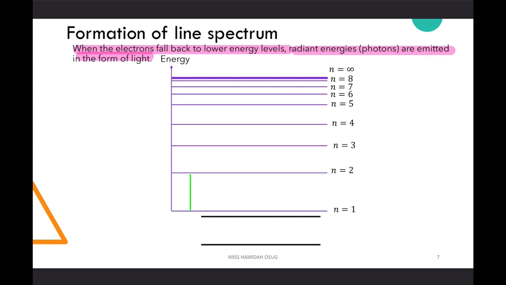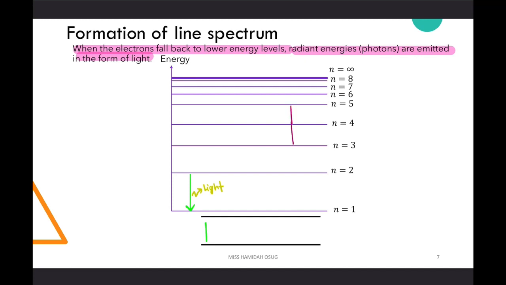Elektron itu unstable, so it will fall back to a lower energy level, which is n equals to 1. Proses falling back itu akan emit energy in the form of light, dan ini kita akan dapat observe pada line spectrum.